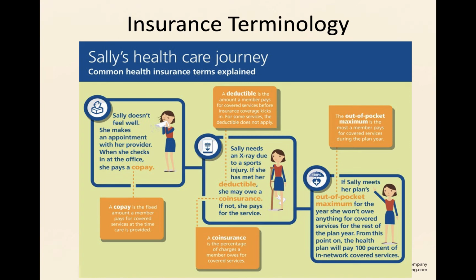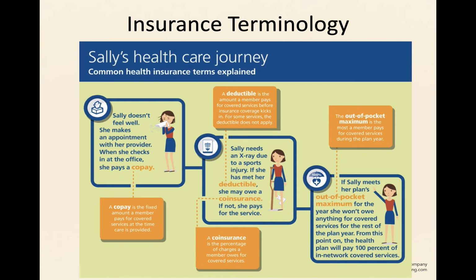Now, if you're like, wow, that's complicated. Yeah, I know it's complicated. And know that each private health insurance has this, and you need to read it. Now, if you're under Medicare or Medicaid, you're not going to see all this terminology. But if you're under private insurance, like a preferred provider organization, you will see this terminology.